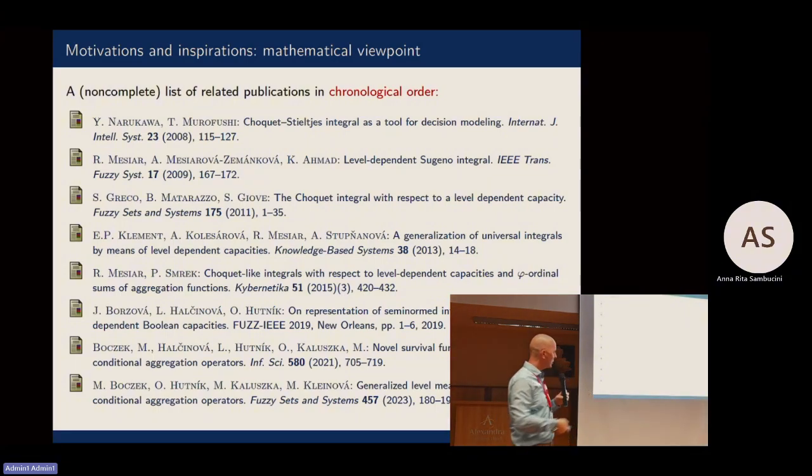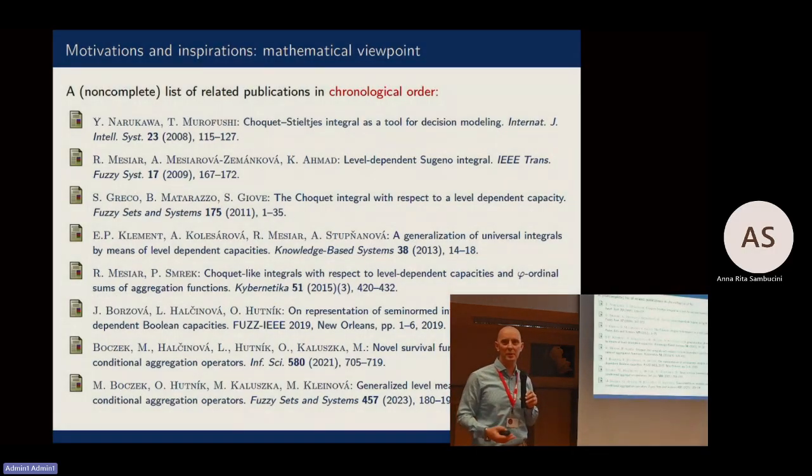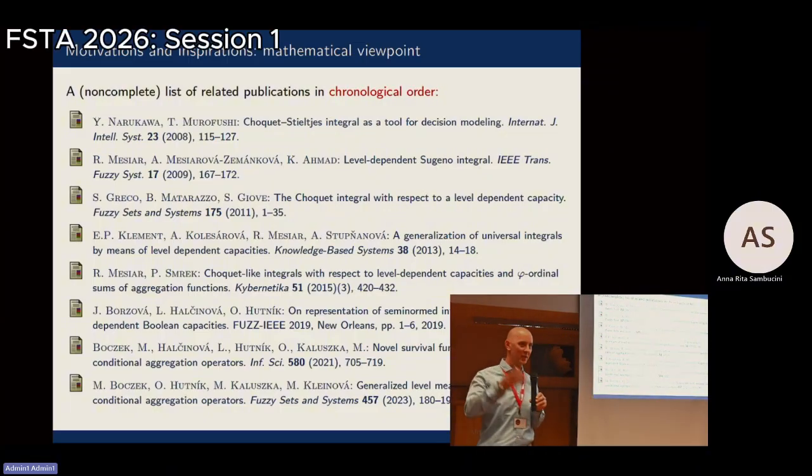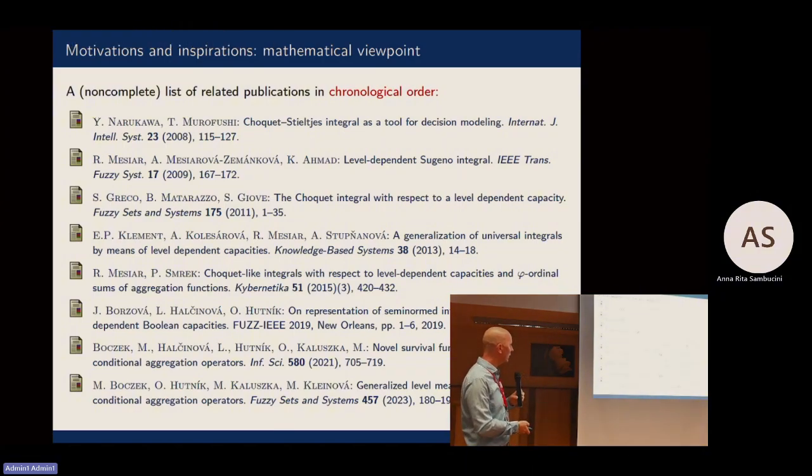This paper was published in 2011, and the beginning of the paper is the standard Michel Grabisch example with students and evaluations of the record and so on. The next generalization by means of level-dependent measurable capacities was done for universal integrals. Then an interesting paper about the Choquet-like integral with respect to level-dependent capacities appeared in 2015.